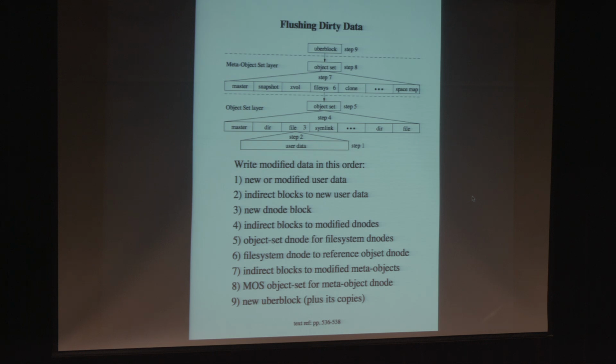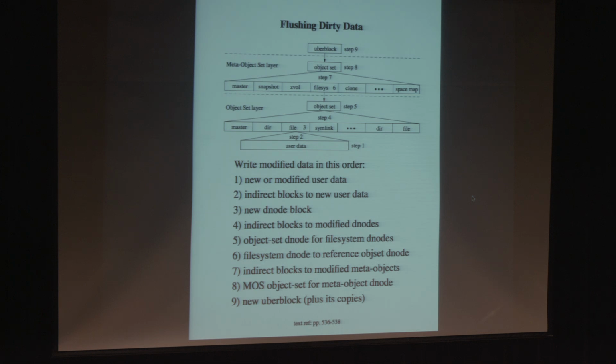Well, of course, that means we then have to update the dnode that describes the file, and we can't do that in place, and so that has to be somewhere else. And so that means that the object set layer there, that array of all the inodes, we have to trickle that up through all the indirect block pointers there, 2 or 3 levels, which now means the object set has changed.